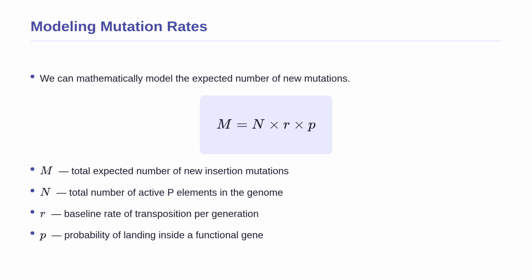N stands for the total number of active P elements currently in the fly's genome. The variable R is the baseline rate of transposition, meaning the probability that a single element will jump. Finally, P is the probability that when it jumps, it lands in a functional gene rather than junk DNA. If the number of active elements N increases, the total mutations, M, will increase proportionally.